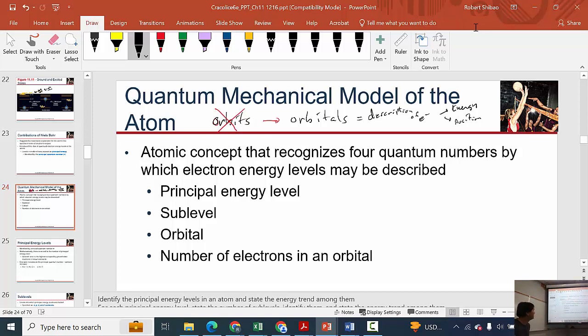So the orbitals are given the symbol psi, it's the Greek letter. And then we have 3 variables that the orbitals depend on: n, l, and m. Each orbital that's allowed for an electron will have an n, l, and m value.